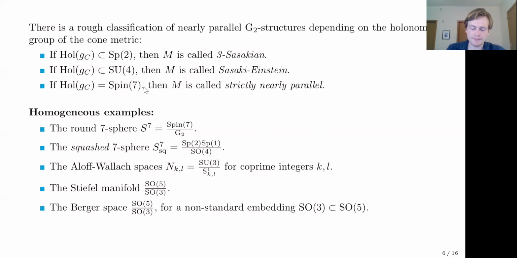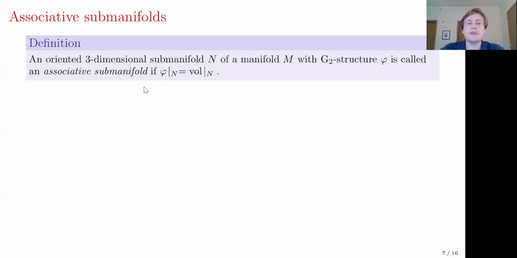Okay, the next thing that we have to talk about is associative submanifolds. If I have a manifold with a G2 structure, then I can look at oriented 3-dimensional submanifolds.